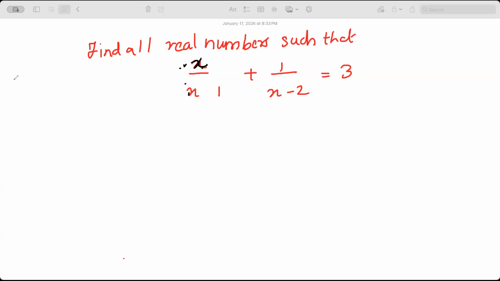Figure it out, then only you will understand how to do it. This is x minus 1. Just find the common denominator on the left side. See what you get. After that, try making it into a quadratic equation with 0 on the other side. If you can't get it, I'll do it. Then you solve the quadratic, that's all.